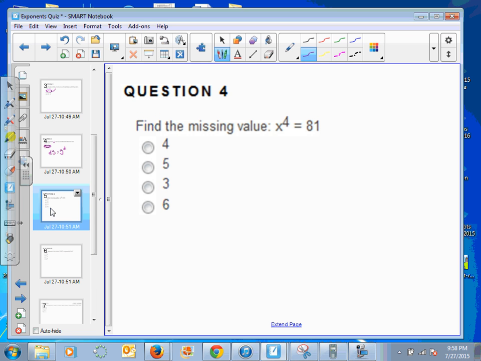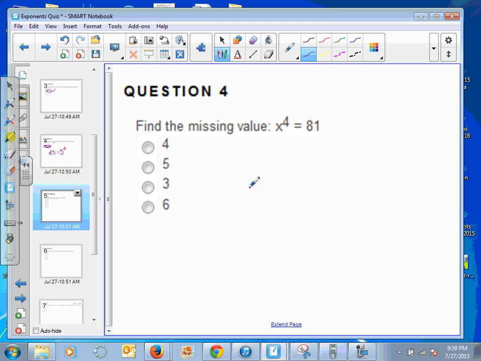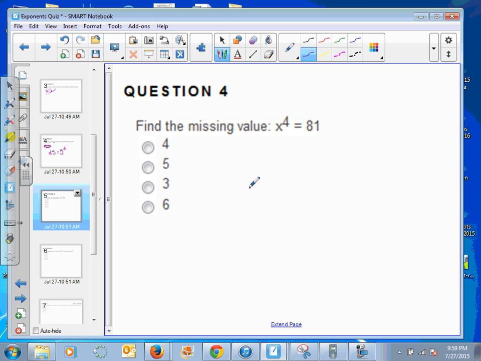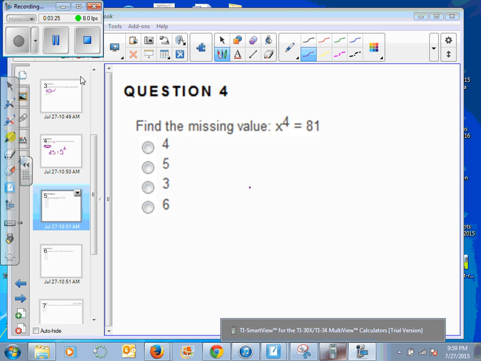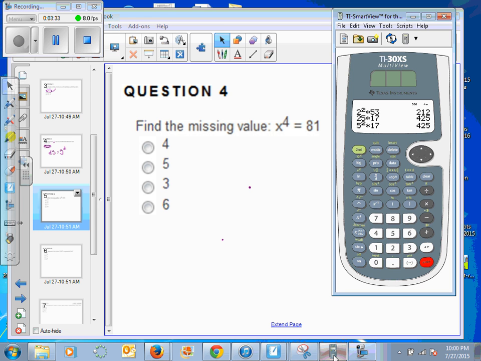Let's go back here. Find the missing value. X to the fourth equals 81. So we're just going to try a few choices here. Instead of that x, we're going to plug in each one of those choices. Let's just take that first one, 4.